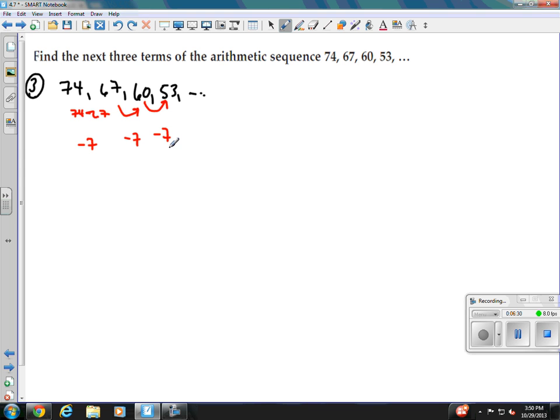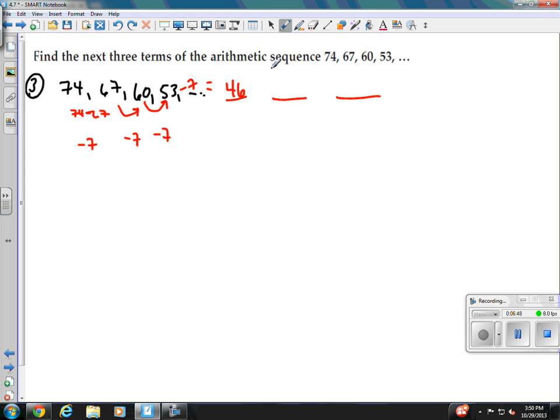So if we're supposed to find the next three terms, I'm going to make blank, blank, blank. There we go. And say 53 minus 7 will give us our next term of 46.